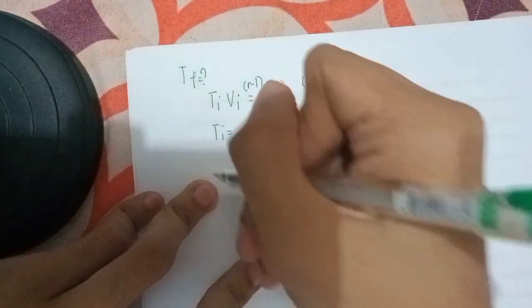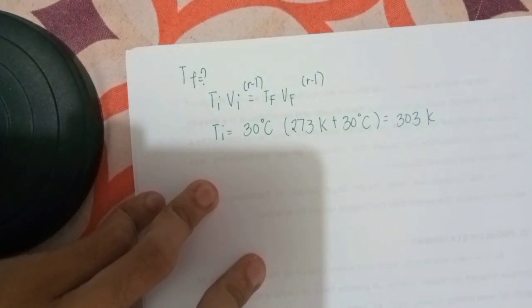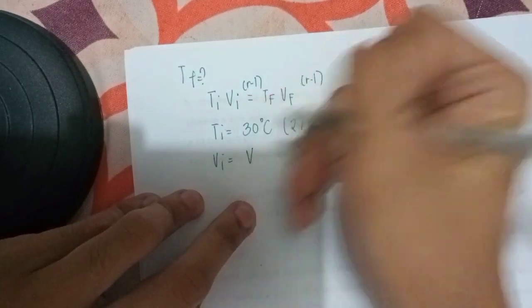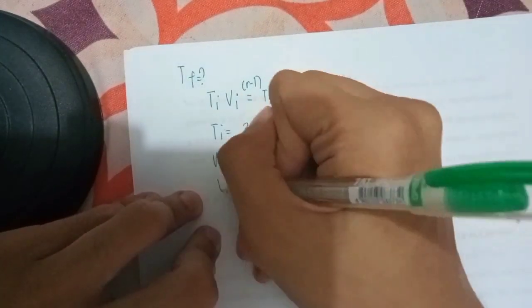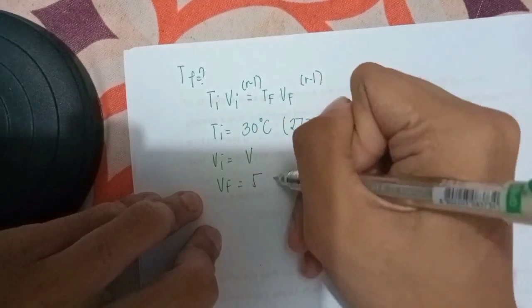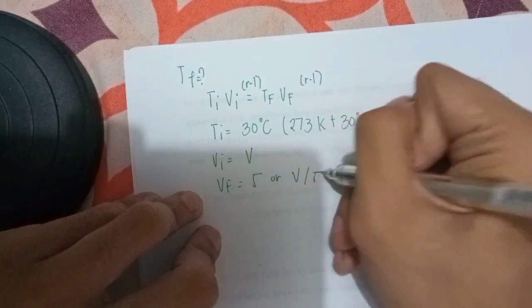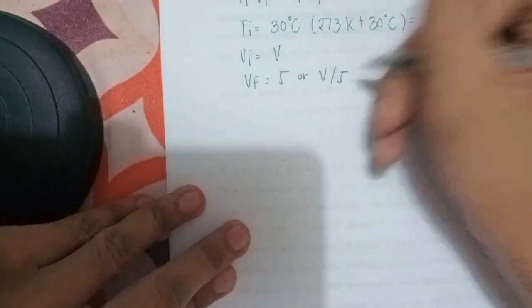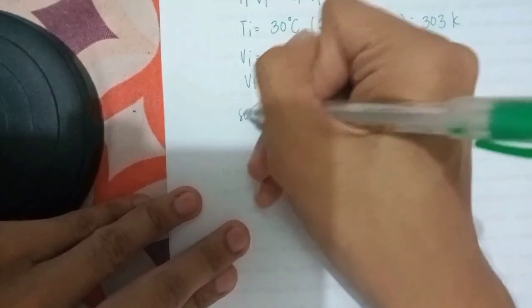So the initial temperature is 303 Kelvin. The initial volume is equal to V. Hence, the final volume is equal to V over 5. With this, since we now have our givens, we will proceed to the solution.